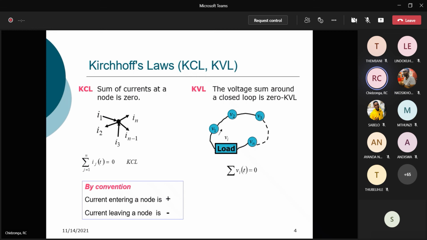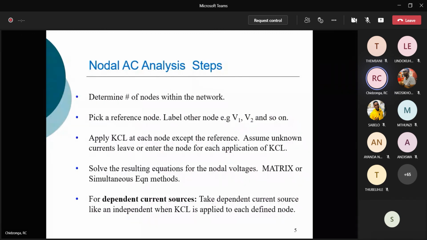Now, when we are going to analyze AC circuits, there are a number of techniques that are available. The basic ones, there are 2 which we are going to look at. The other ones are refinements or modifications of these basic ones, just to make the analysis easier.